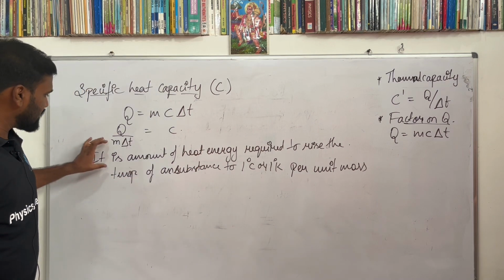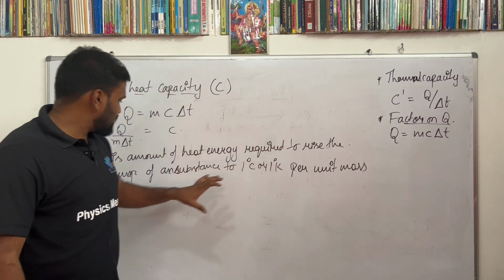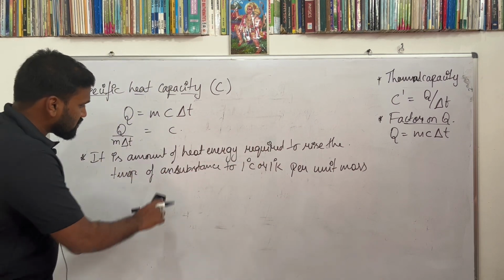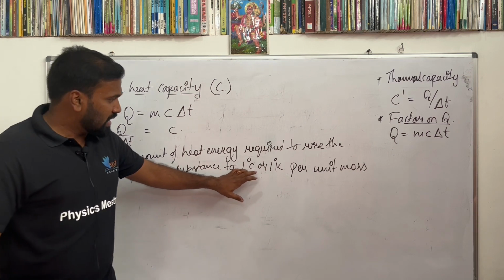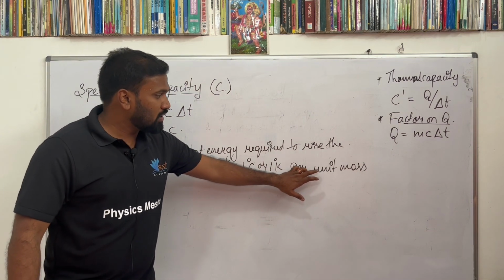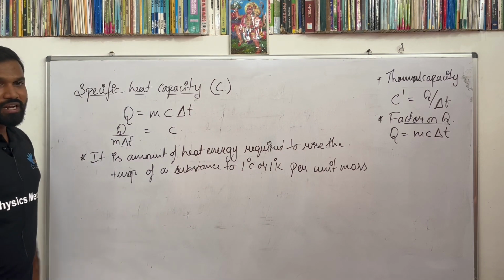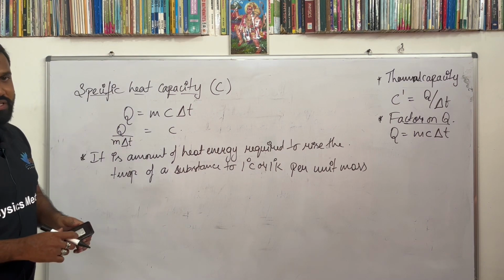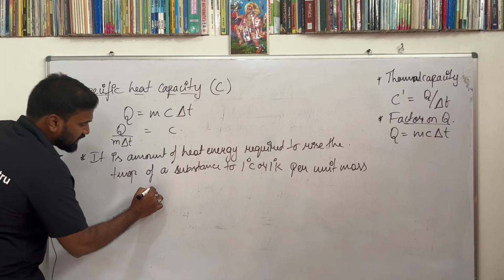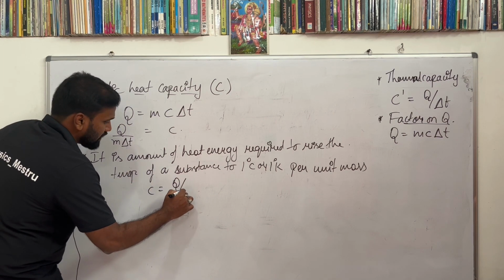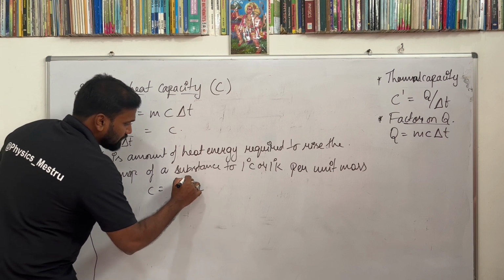That is the simple difference. It is the amount of heat energy required to raise the temperature of a substance by 1 degree Celsius or 1 degree Kelvin per unit mass. This is the simple definition of specific heat capacity, and the formula is Q divided by M into delta T.